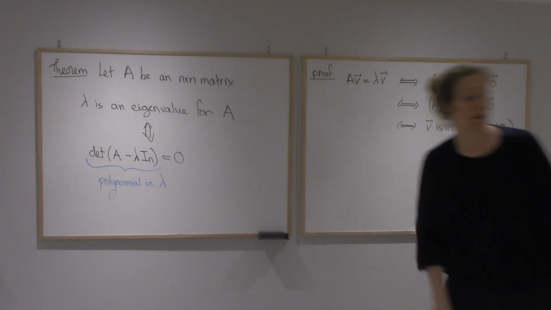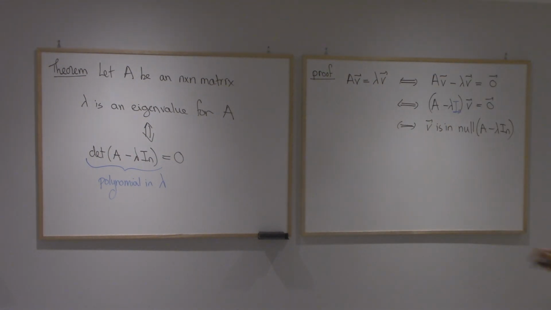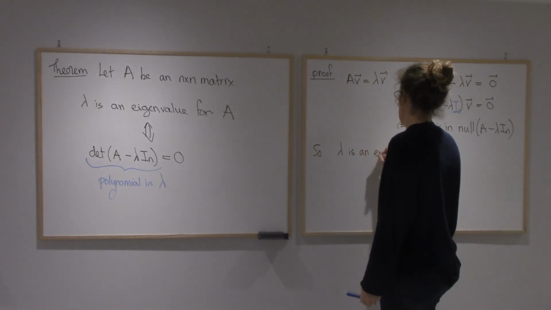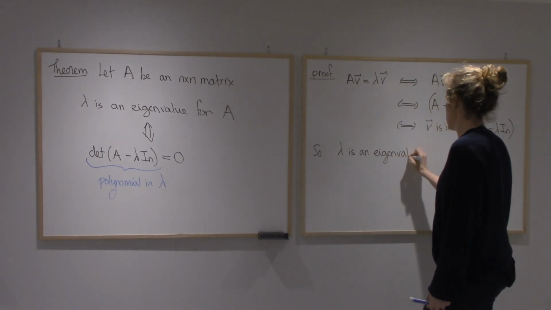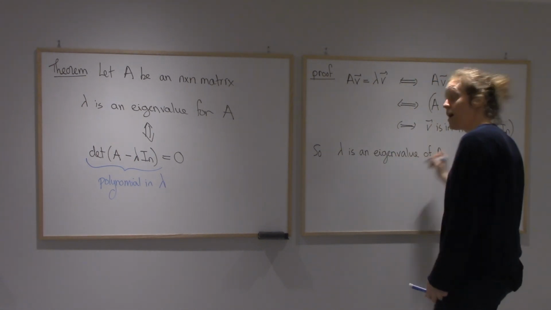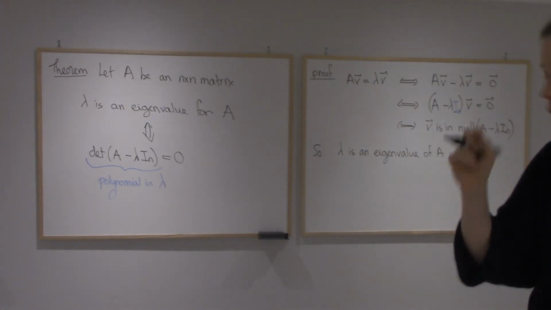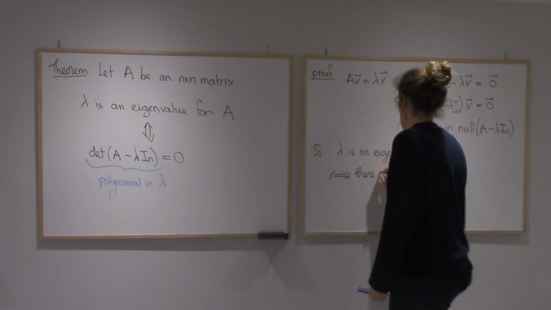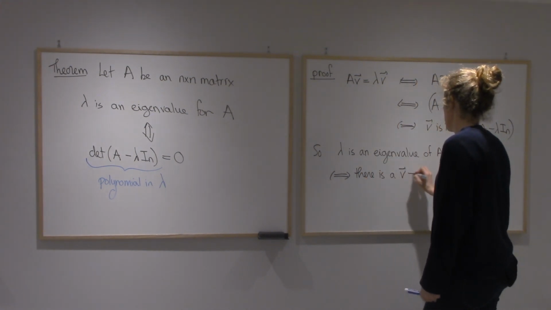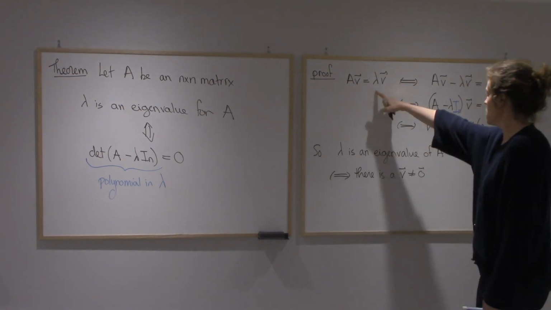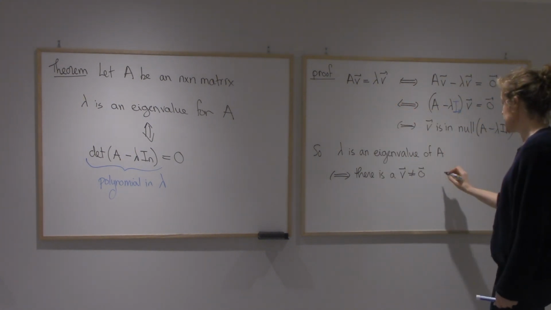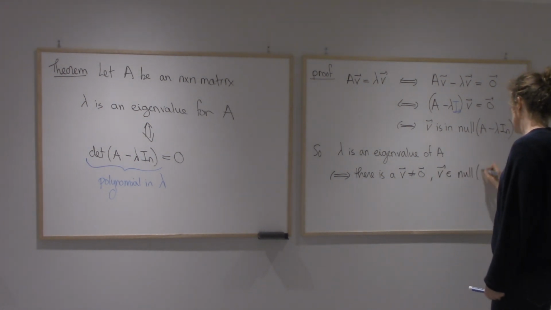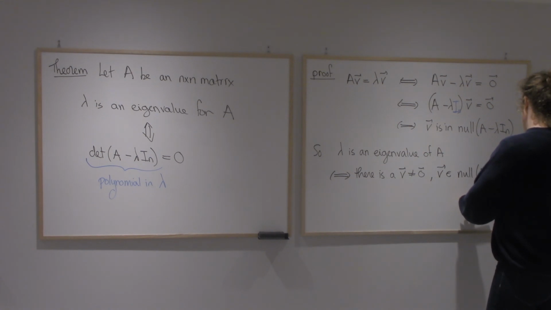So if lambda is an eigenvalue, that means you have a v that's not 0 with this property: v is in the null space of A minus lambda I_n.